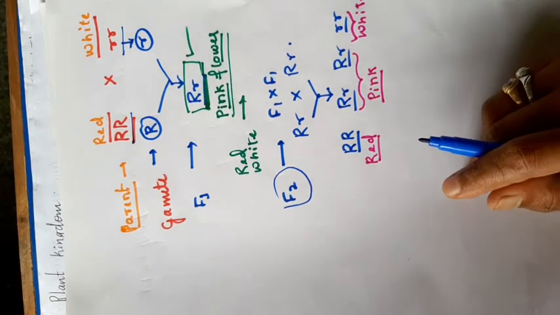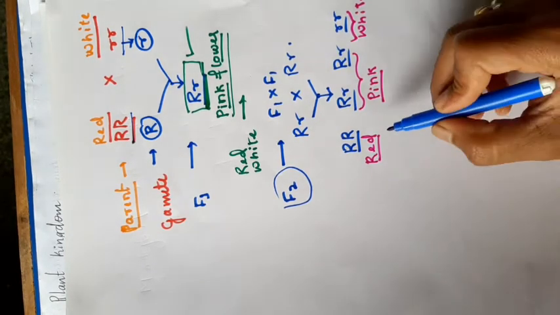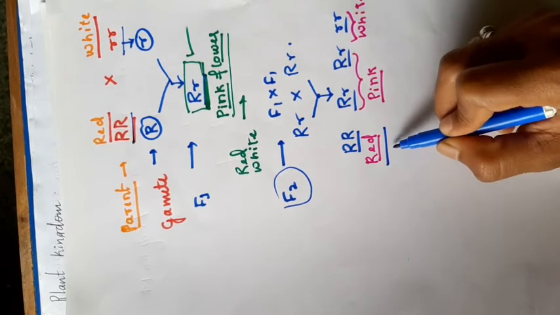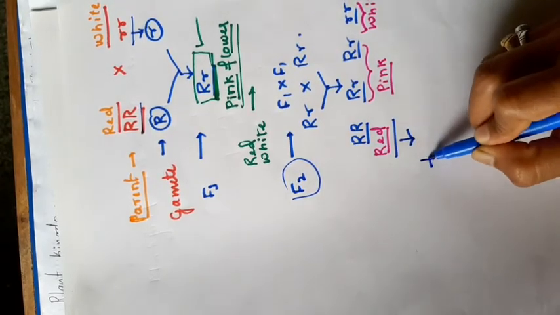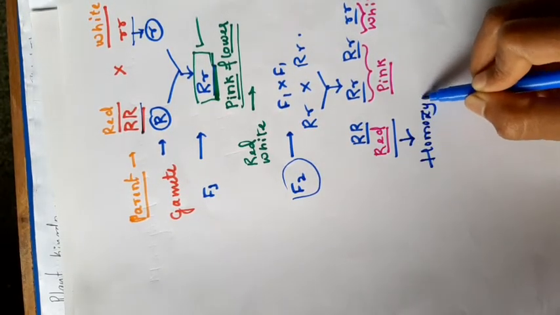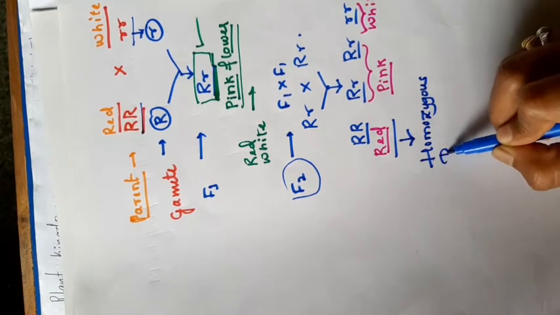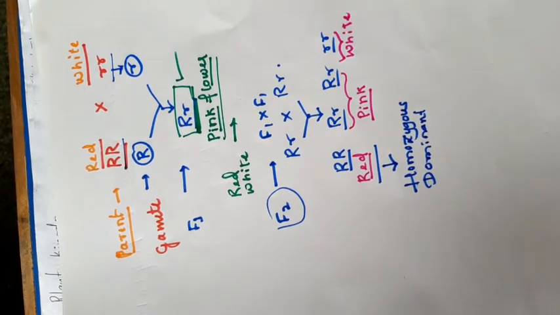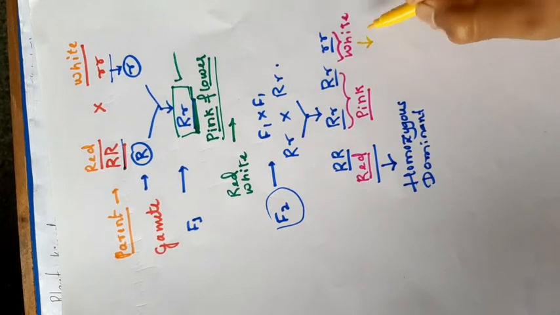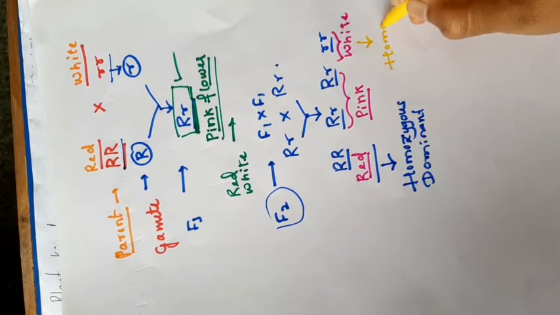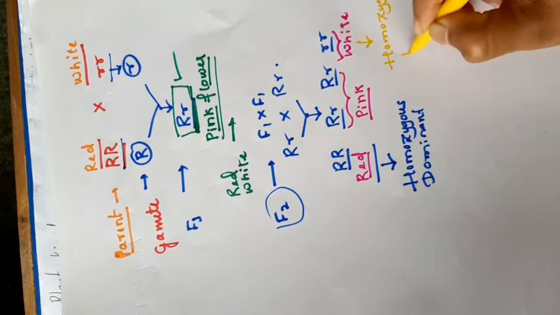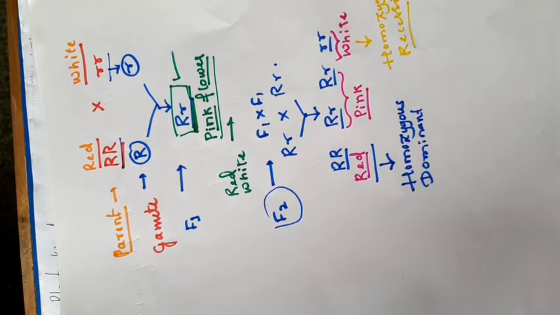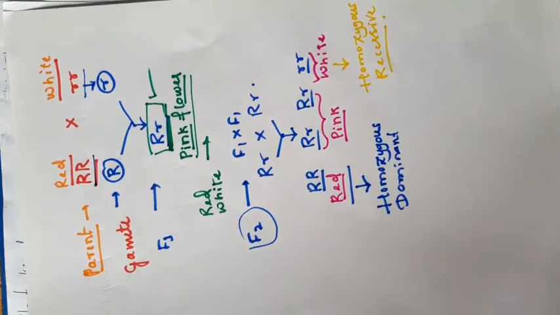By this experiment, Mendel concluded that for expression of the red flower in the F2 generation, the homozygous dominant condition is required for expression of the dominant gene, and for the recessive gene, the homozygous recessive condition is necessary for expression of the recessive character.